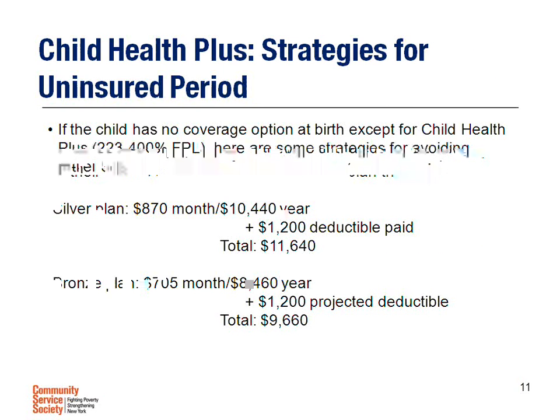So one thing is to request financial assistance from the hospital in advance. If the mother knows where she's going to be delivering the child, she can request financial assistance in advance, but that doesn't cover doctor's fees. So that's not going to be a cure-all for everything, and that's something to keep in mind.